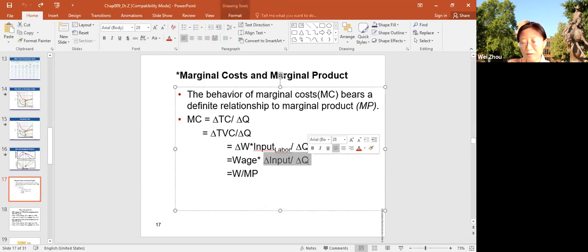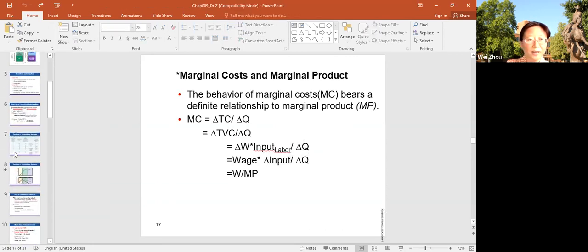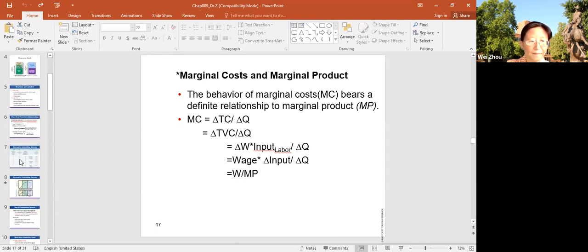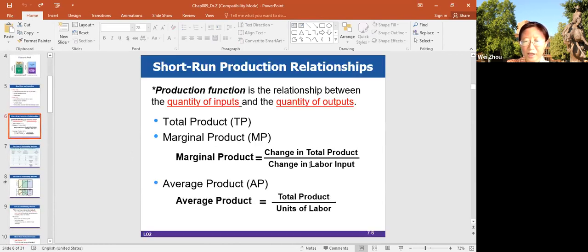And if you look at that, what is that? Okay, so this is the wage. The change in variable cost, let's say only labor changes, will be the wage, the salary, times the change in the labor I hired. The salary is not changing, so the only change is the change in labor. The change in labor on top of the change in output is the marginal product.